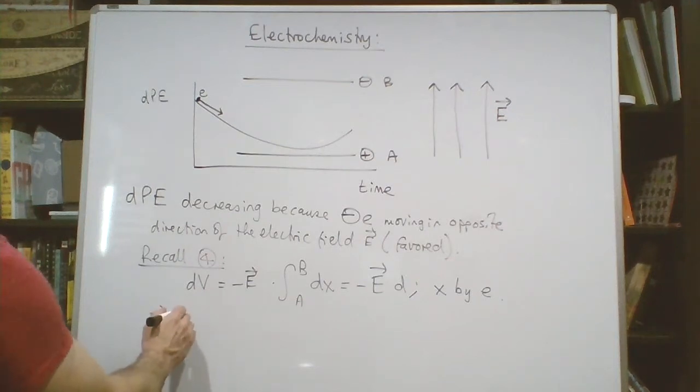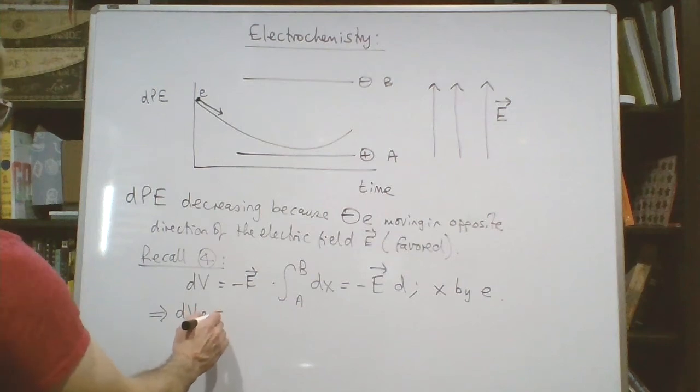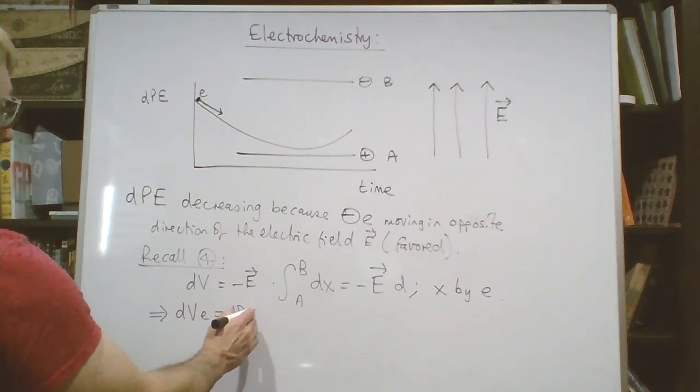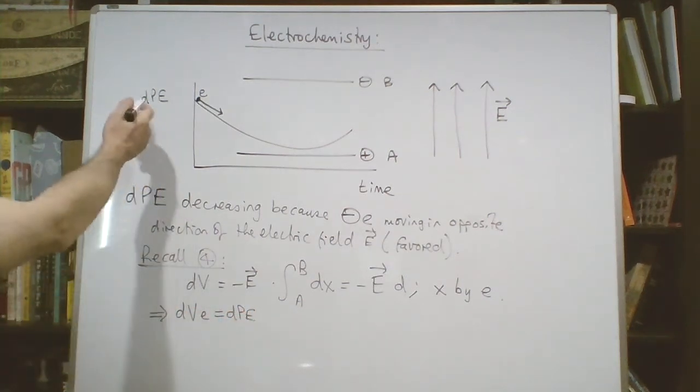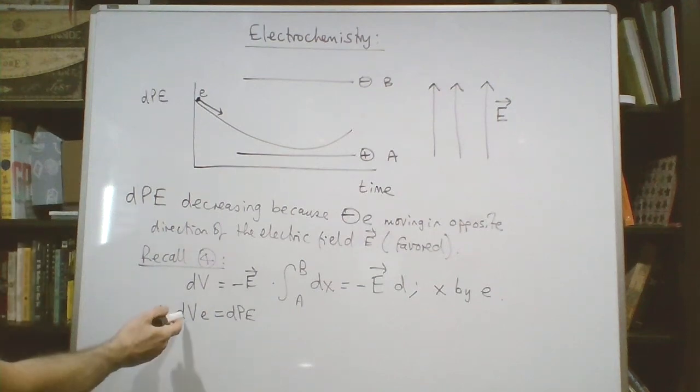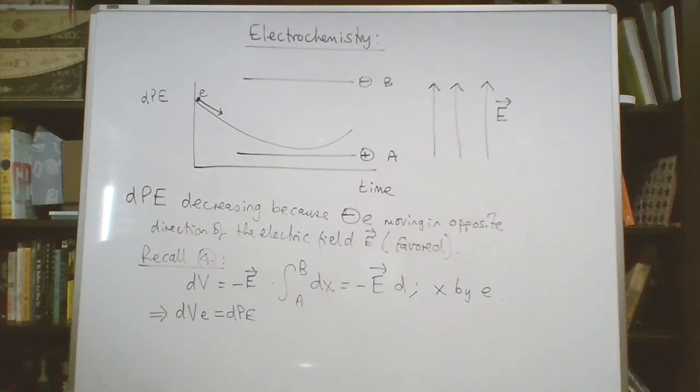Then we've got the change in voltage by E, which we know is the change in potential energy, which is our axis here. So the voltage difference multiplied by the test particle charge.